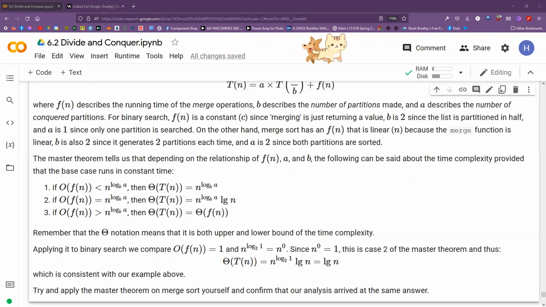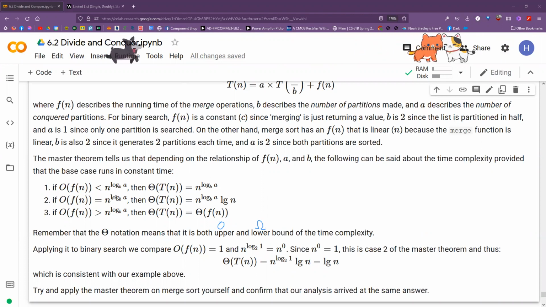So recall na yung upper bound siya yung big O, lower bound is yung best case or yung omega. So pagka pareho yung upper bound and lower bound, which means that kahit anong input is approximately, ito na yung running time niya, so theta.